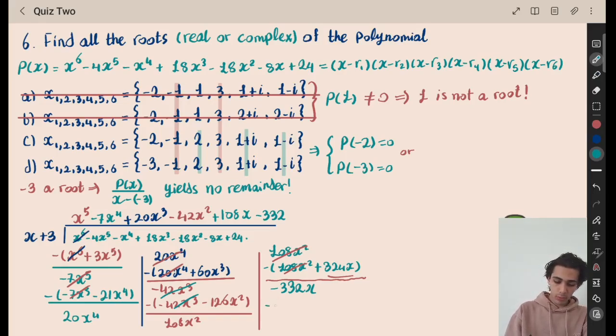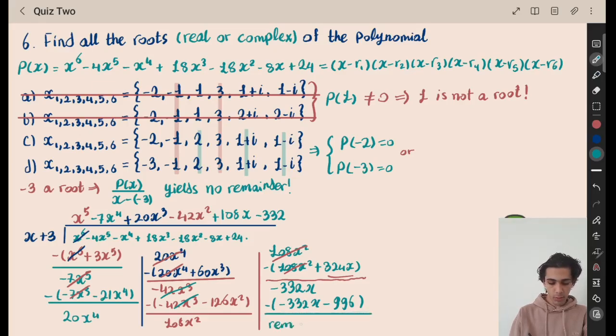And then we do this process one more time, and then take away 332 times 3, which is, I think, 996. And clearly this is 996, it's positive. And this is 24, so it's 1020. But that is the remainder. So the remainder is equal to 1020, and it is not equal to 0.